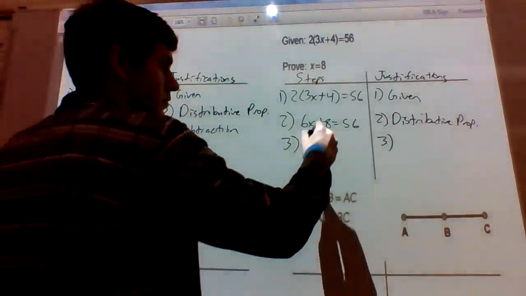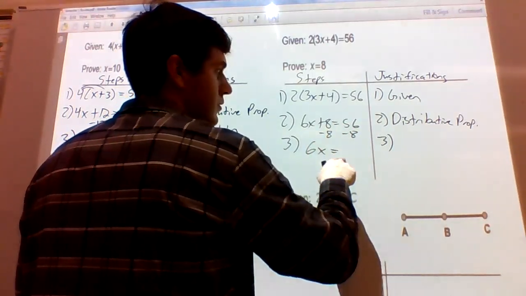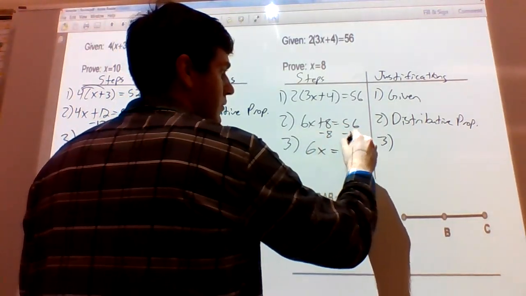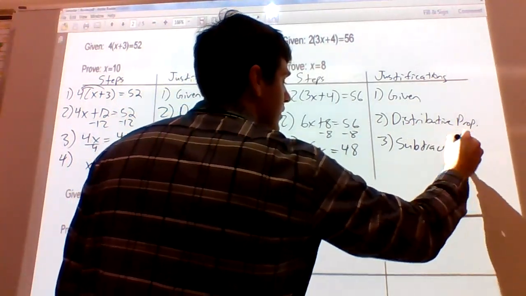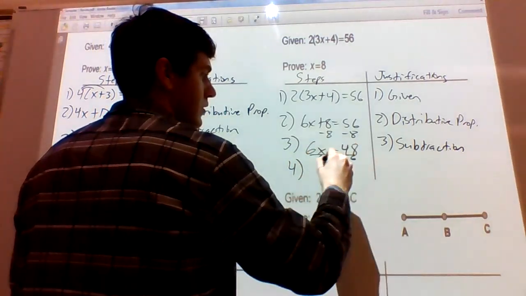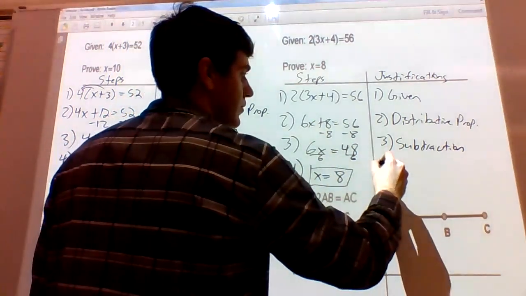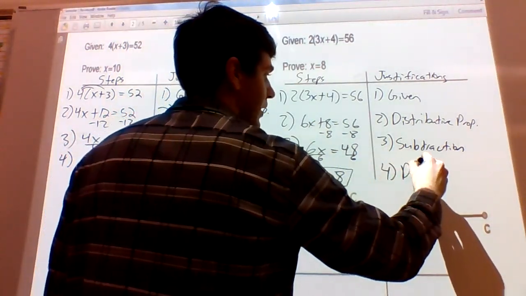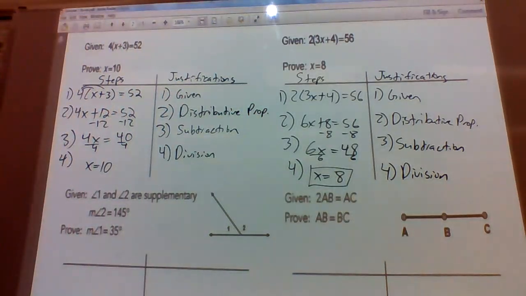Subtraction is going to give us 6x equals 48. And then division is going to give us x equals 8, which is what we are trying to prove.